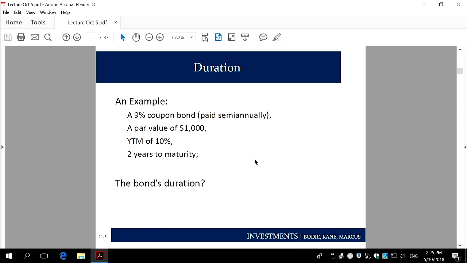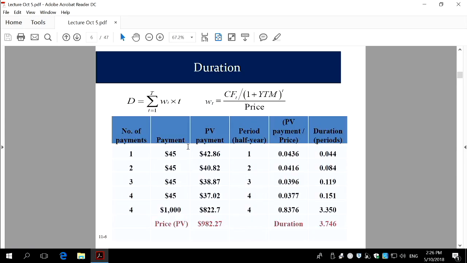Then we just put in some numbers to do calculation, just for example. So the example is, if we have a coupon bond, 9% paid semi-annually, with par value 1,000, yield to maturity 10%, and maturity is 2 years. So what's the bond duration? Remember, duration is weighted payment time, and weights can be written in this form.